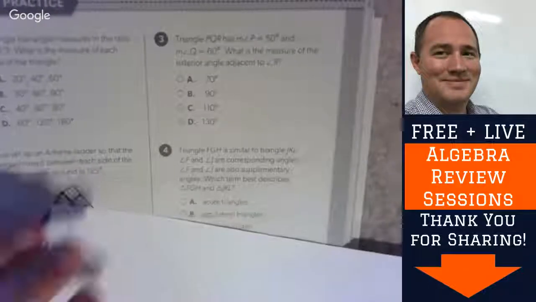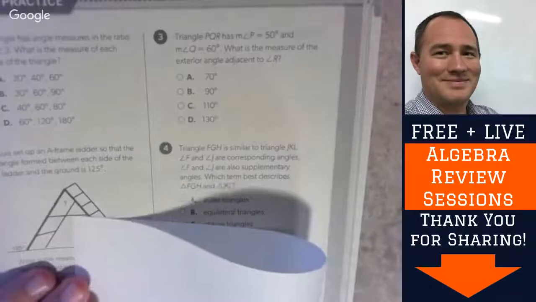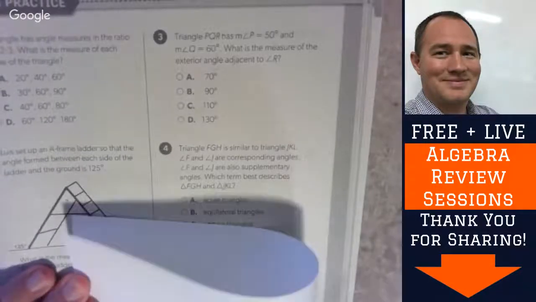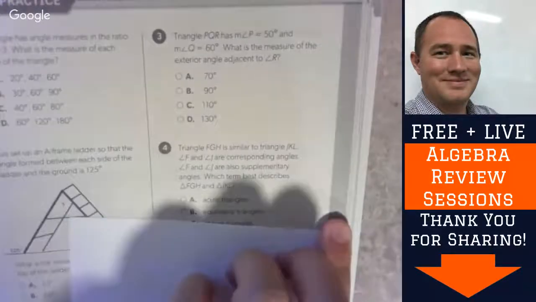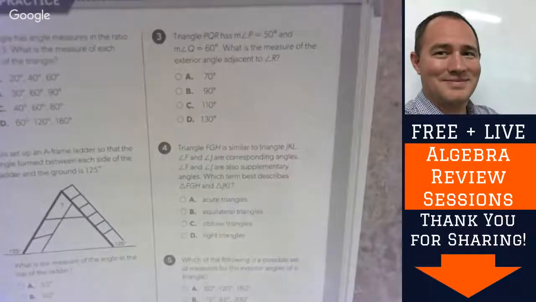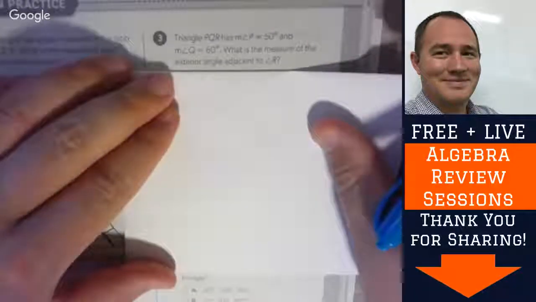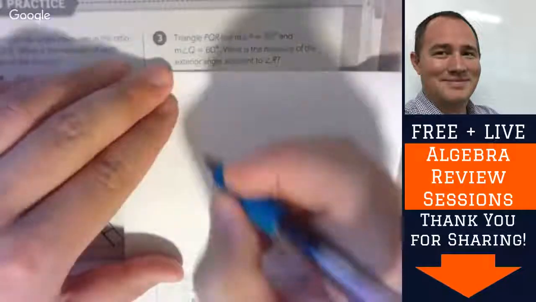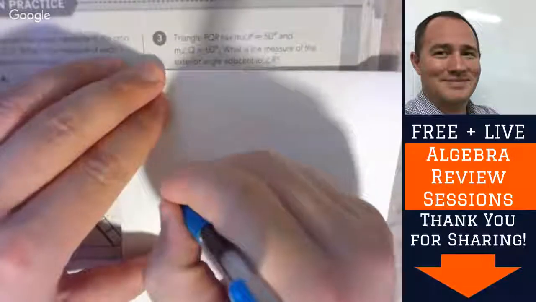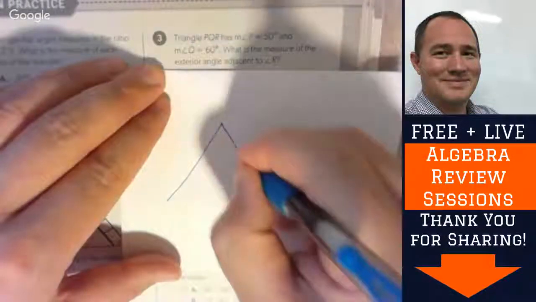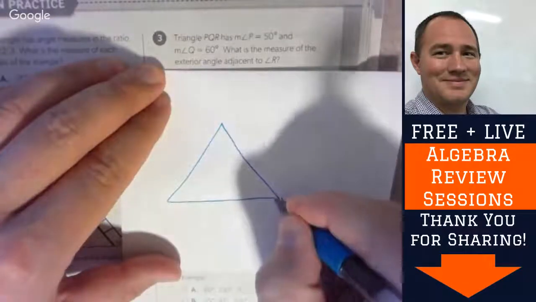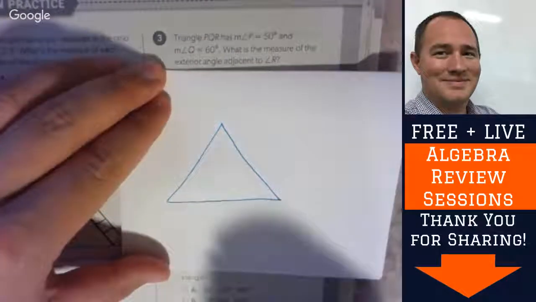Okay, so here they give us a little bit of a story without a diagram. So oftentimes it helps to make a picture of this story. So a triangle, and it's named PQR.